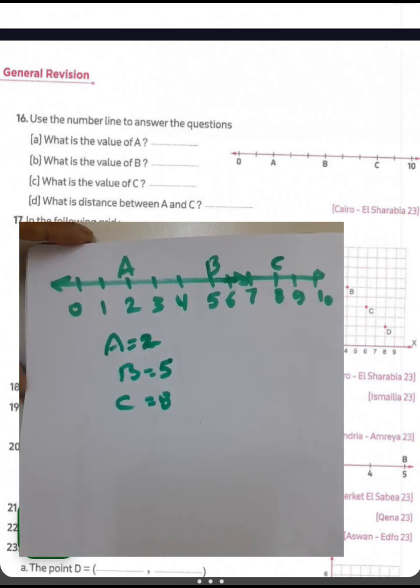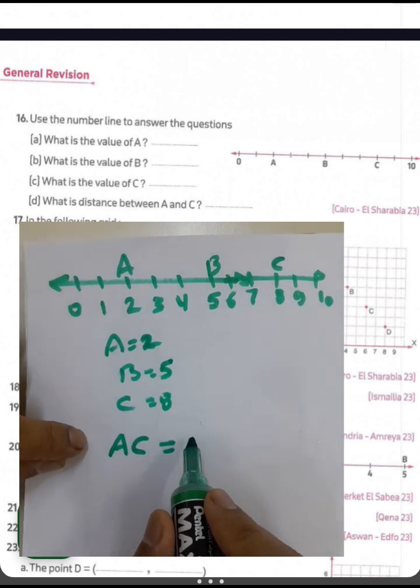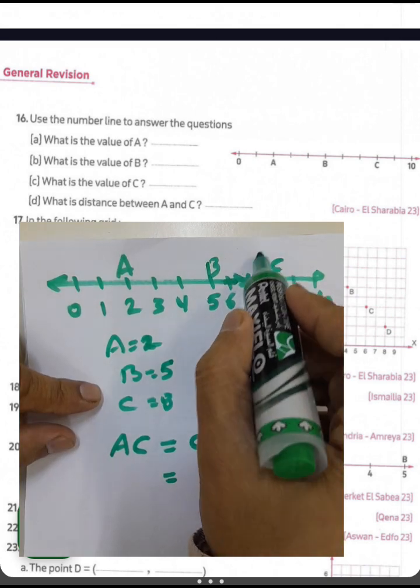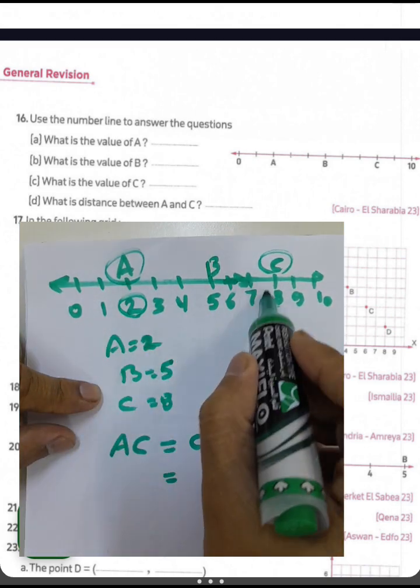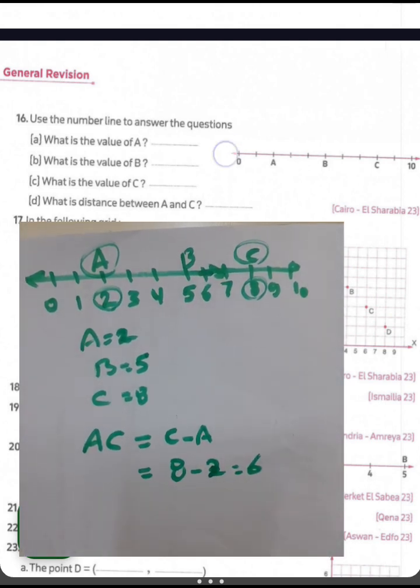What is the distance between A and C? We can write the distance between A and C. It means C subtract A. Find the difference between them, 2 and 8. 8 minus 2 will be 6. The distance between A and C.